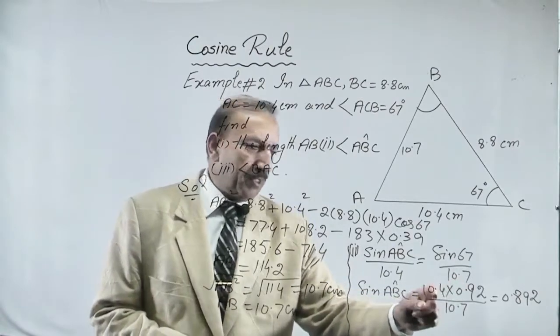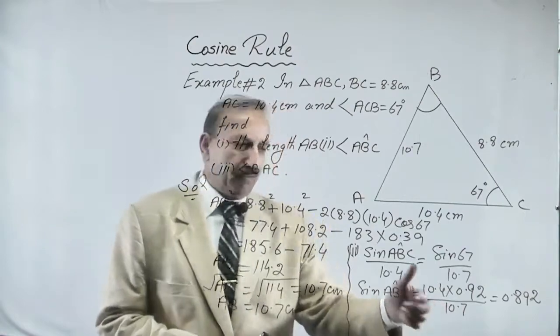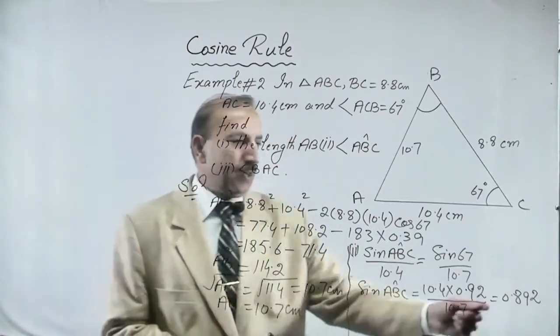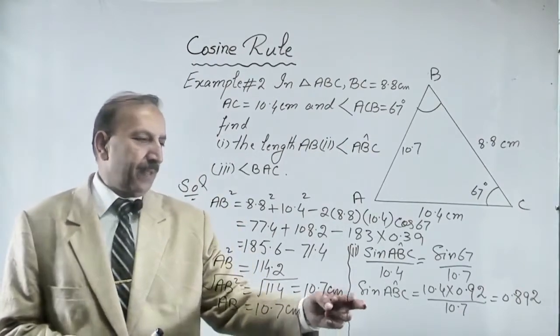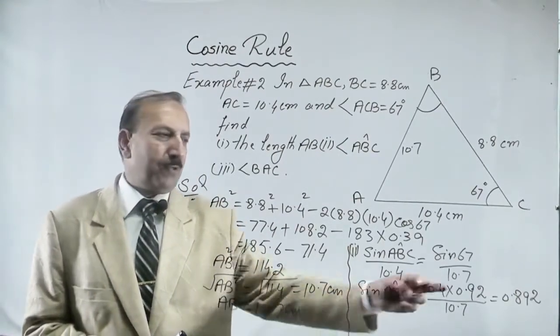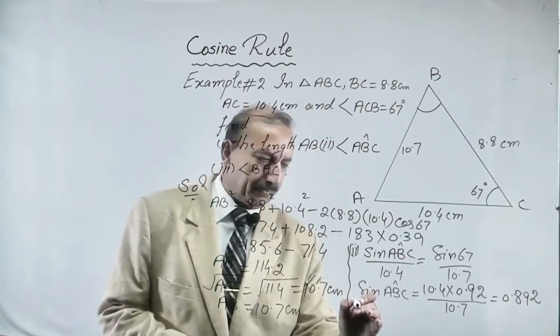Now multiply these two numbers first and then divide by 10.7 with the calculator, you will get the value 0.892. Now sine of ABC is equal to 0.892.